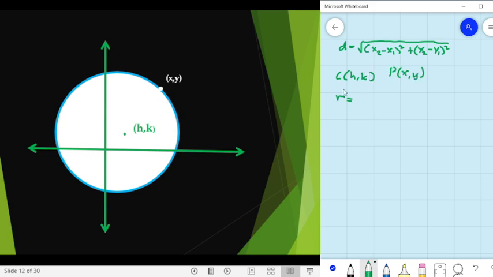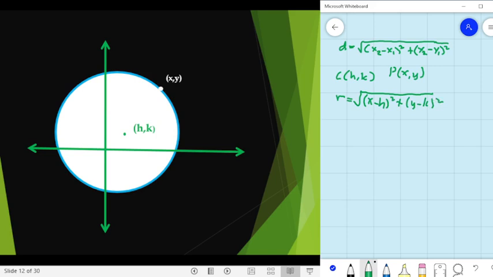So, replacing x sub 2 and y sub 2 with x and y, and x sub 1 and y sub 1 with h and k, r could be solved by getting the square root of the quantity x minus h, squared, plus the quantity y minus k, squared.